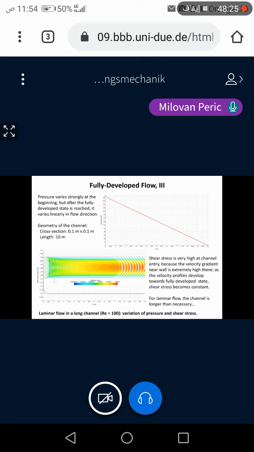So you have constant velocity in every cell center at the inlet, and then from this first cell center it goes to zero at the wall, and then the next cell already will feel the wall presence, and velocity near wall will reduce. But in the first cell you have the highest gradient, and because shear stress is viscosity times gradient in the wall normal direction, that's why you have extremely high shear stress at the very beginning.